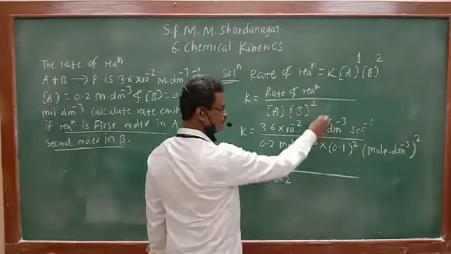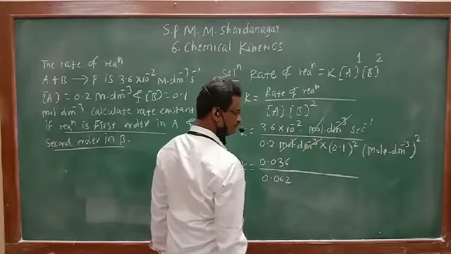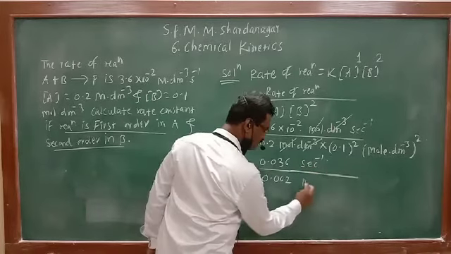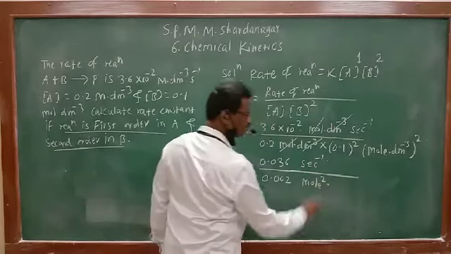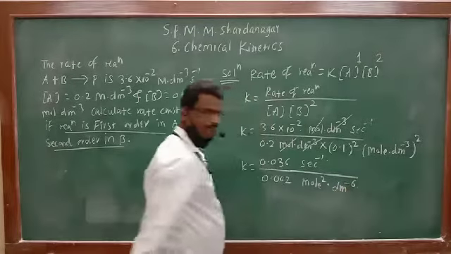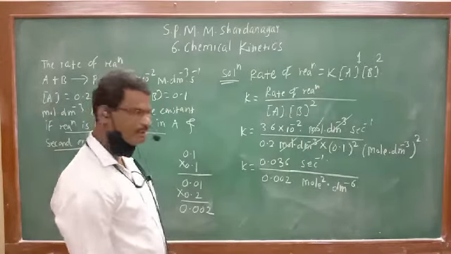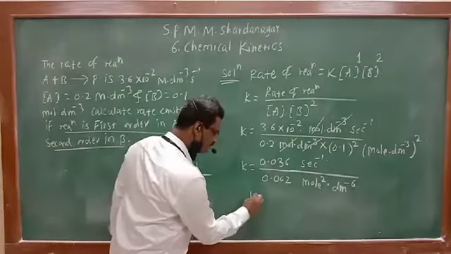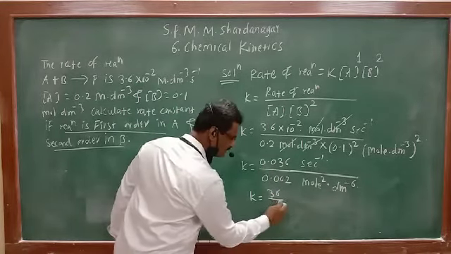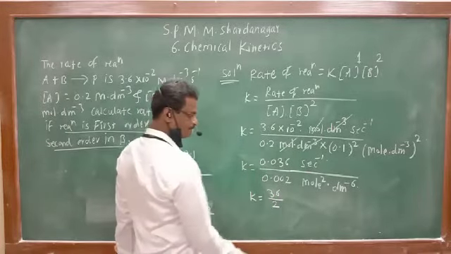Cancel the units: mole, mole; decimeter cube, decimeter cube. So here it is per second, and here it is mole square, decimeter raised to minus 6. Now solve it; very simple. We can write it like this: 36 with 3 decimals on the right side, divided by 2, also with 3 decimals on the right side.